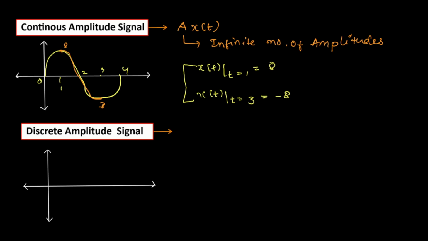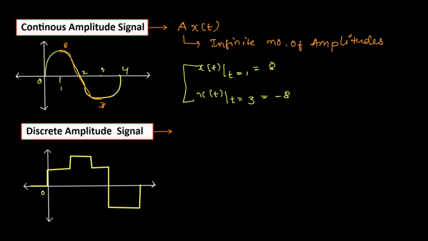So now let us understand what a discrete amplitude signal is. Here I will draw one waveform. So let us understand this waveform.